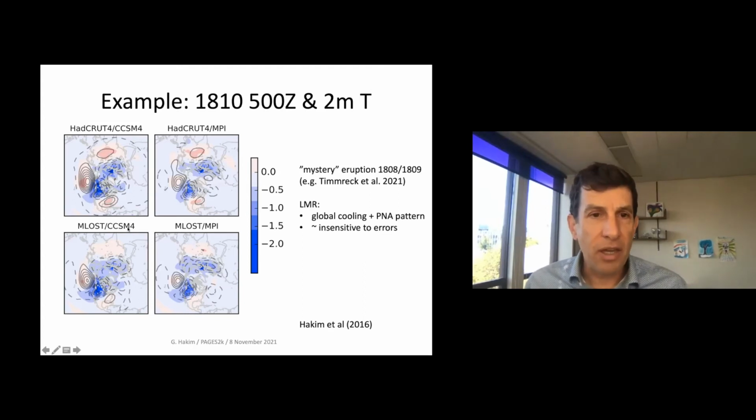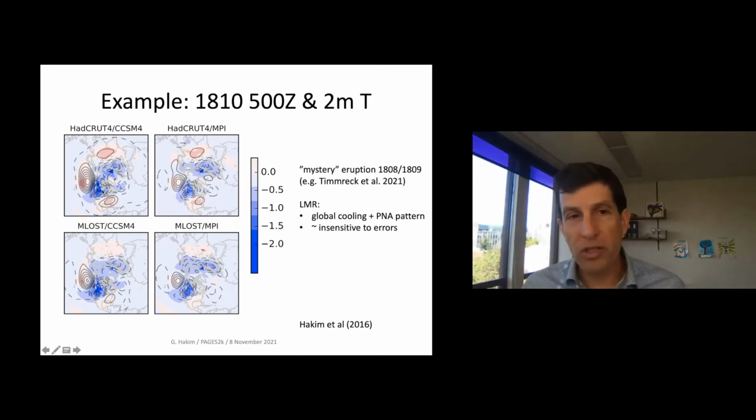The key thing here is that they all qualitatively agree that there is global cooling, but there is a local concentration of that cooling at high latitudes over the Arctic, and especially over Western North America. Not all of North America, but they all agree that there's a pattern here.